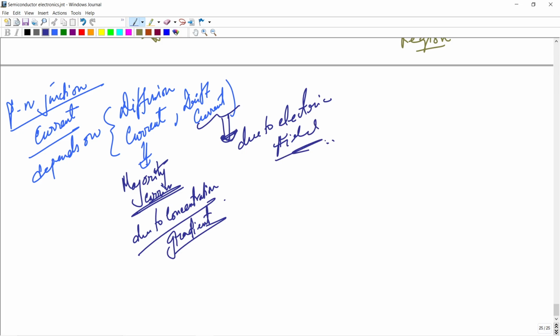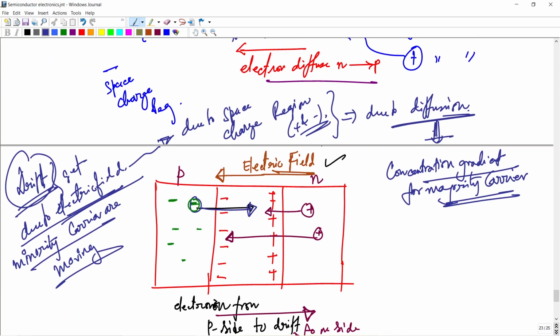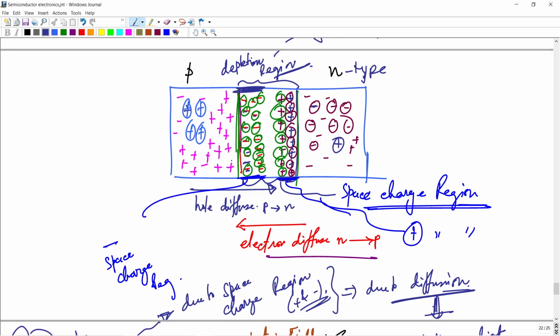Now here we see that as time goes on, more diffusion occurs. More diffusion means in the space charge region, more plus on the right and more minus on the left side of the depletion region.